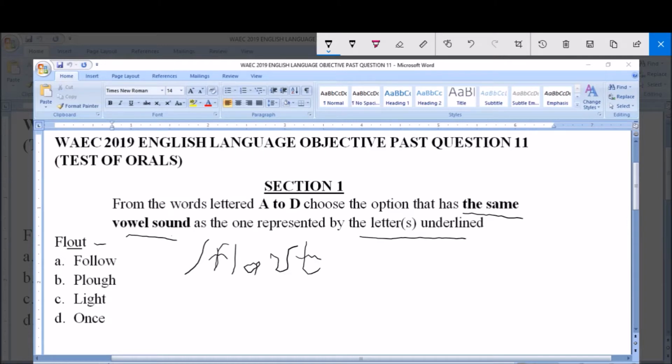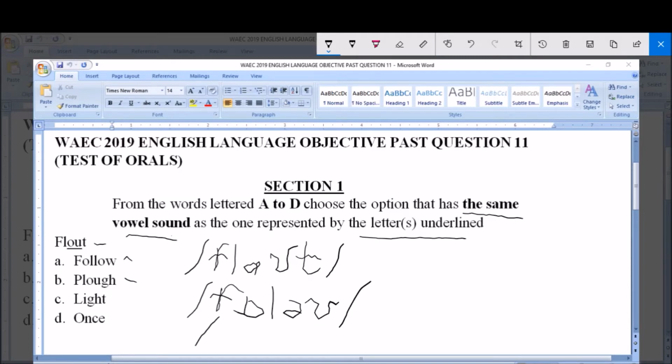So this is flout. And then you have option A, which is follow. So this is follow.